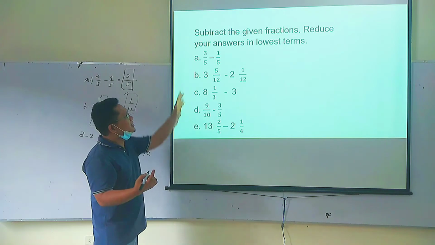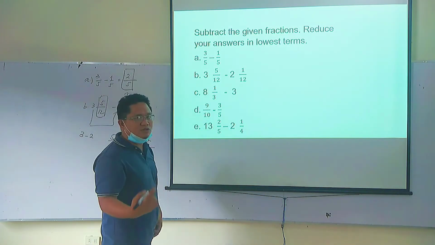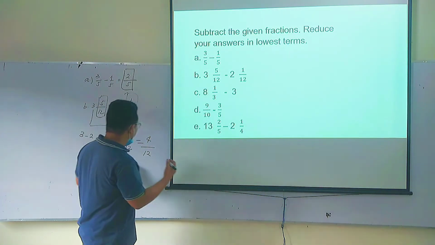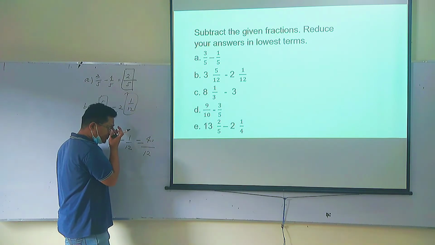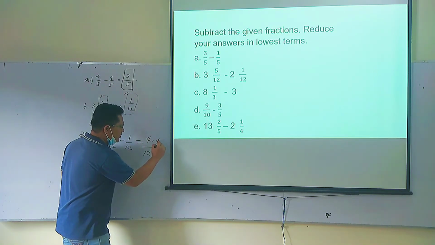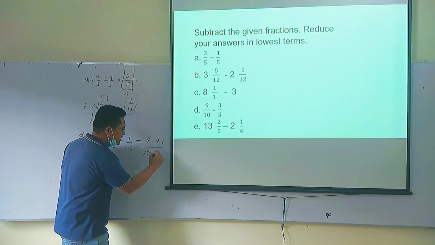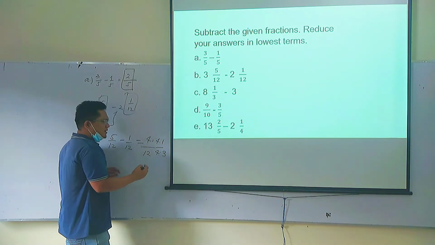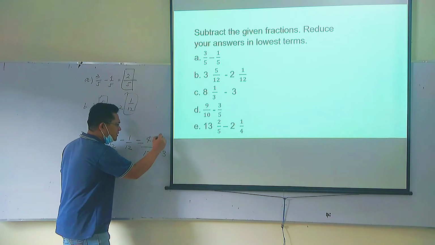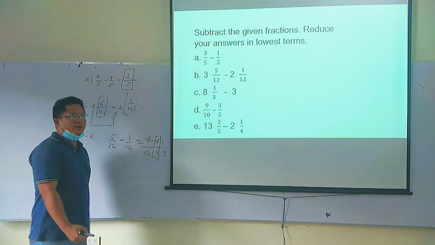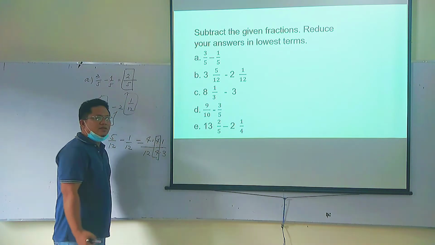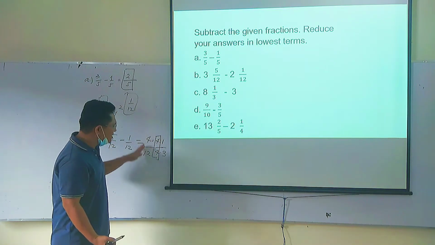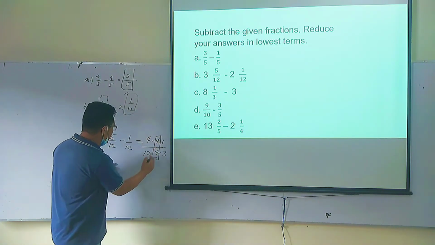Again, if you notice, our requirement says reduce your answers to lowest form. 4 can be factored. 4 times 1, this is 4 times 3. So the common factor is 4. So it can be reduced to 1 over 3. So our simplest form here is 1 over 3.